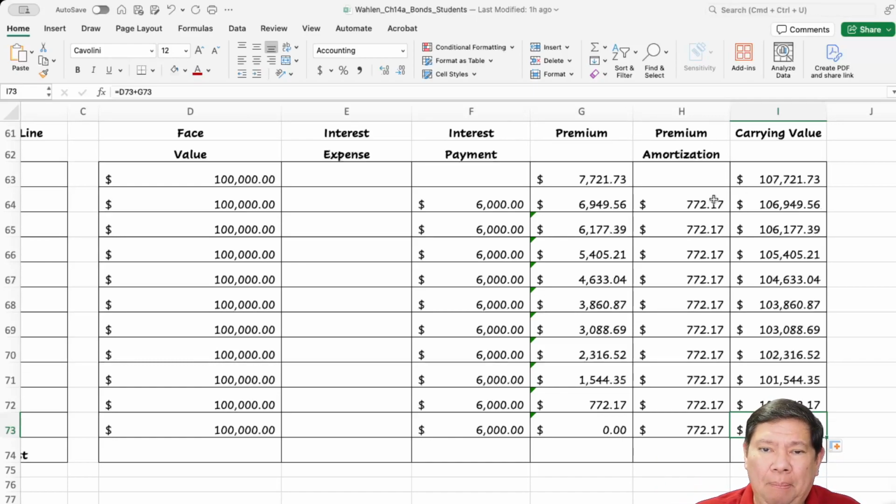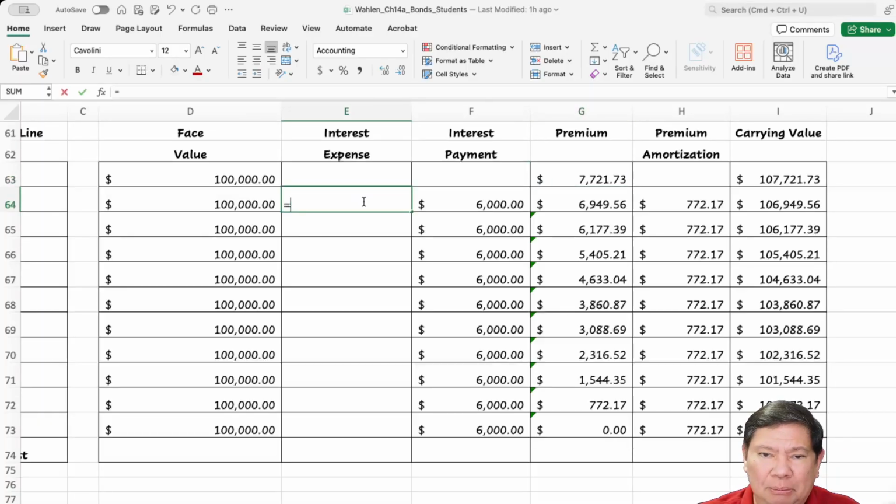Now, the interest expense itself: because this premium is like a bonus, you get 7,721.73 extra that you don't have to pay back. You just need to pay back 100,000. So that premium can help reduce the interest expense.